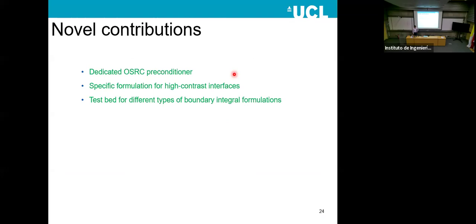So the novel contributions here are a dedicated OSRC preconditioner, a specific formulation for high contrast interfaces, and effectively a test bed for different types of boundary integral operators.